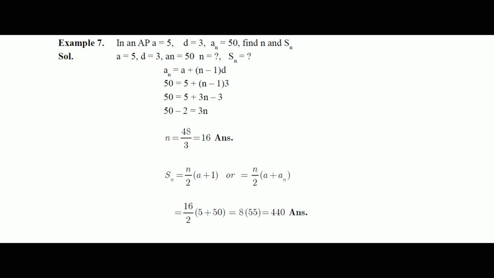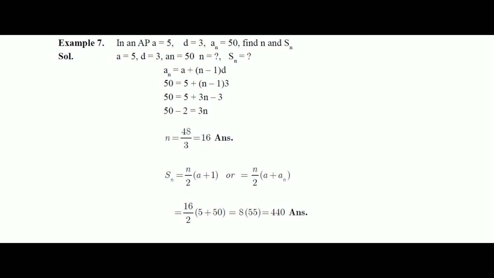Therefore the formula becomes n by 2 (a plus an), and putting the values, n is 16, so 16 by 2 bracket a is 5, an is 50, 5 plus 50 is 55, and 16 cancelled with 2 gives 8. So we have 8 multiplied by 55 equal to 440.